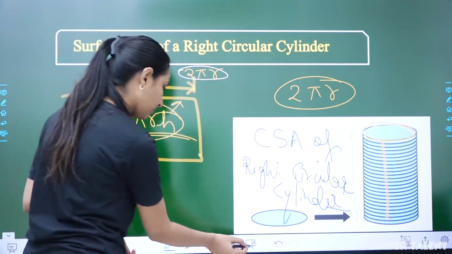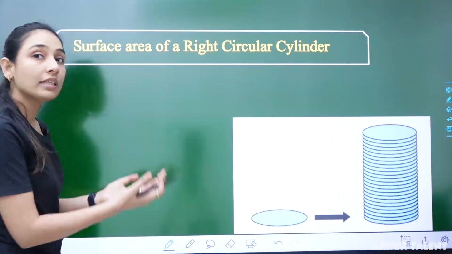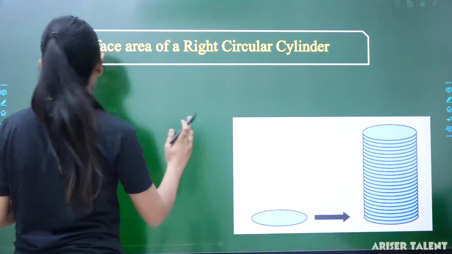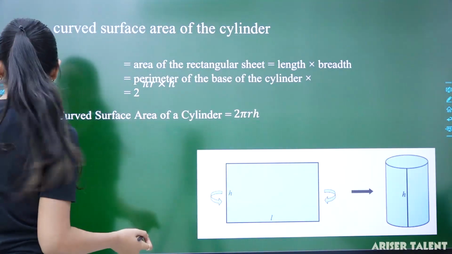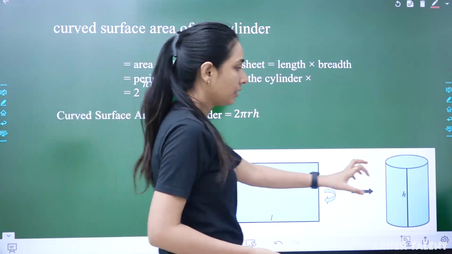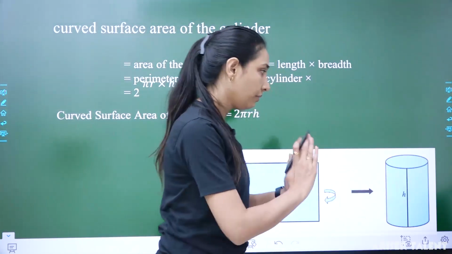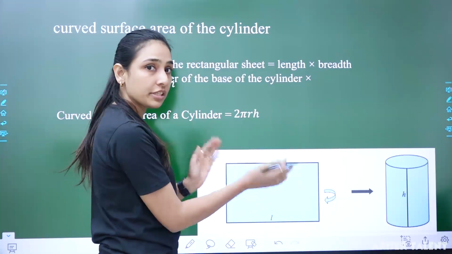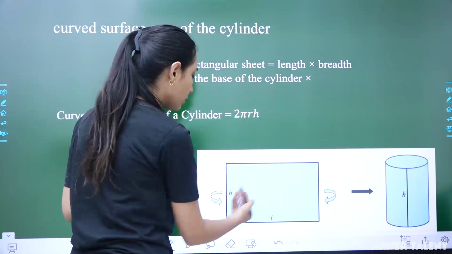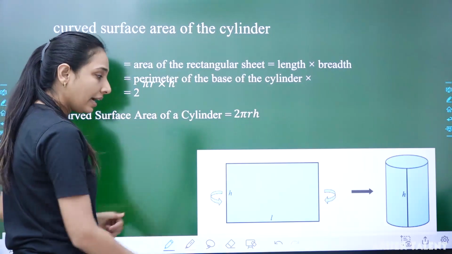Understood? Have a more clear look at it. Here, what we have done is, we have this particular right circular cylinder. We just opened the sheet by which it was made, and that was something like h multiplied by l.